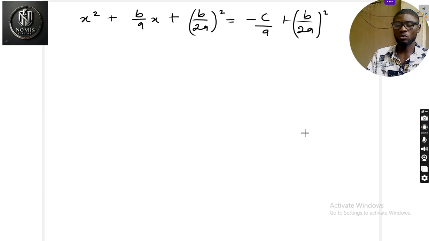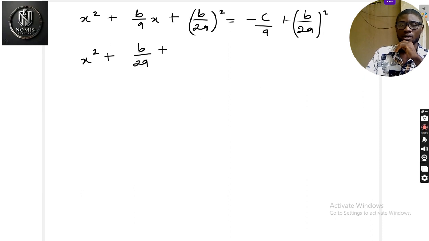Now let us begin to expand and see what we can do around it. So this is x squared plus, this b all over a x is equal to b all over 2a x plus b all over 2a x.